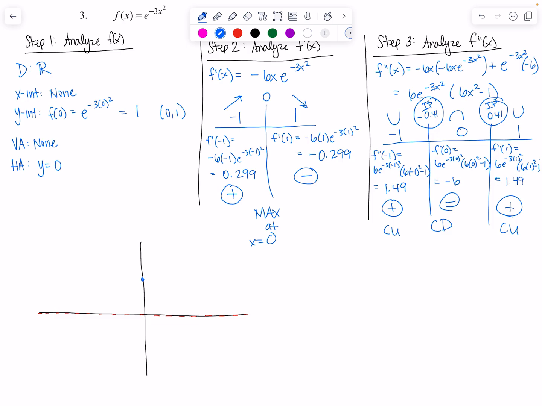Then we are increasing to 0 and decreasing. And then we're also going concave up, concave down, concave up. So it's going to go something like increasing, concave up, concave down, concave up. Something like that.